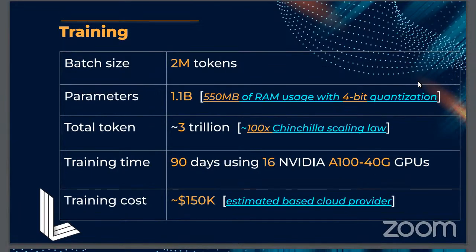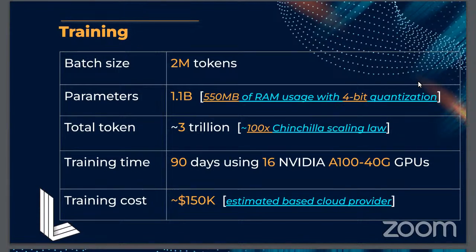In terms of size, TinyLlama is a small language model with 1.1 billion parameters that can literally fit into 550 MB of RAM with 4-bit quantization.